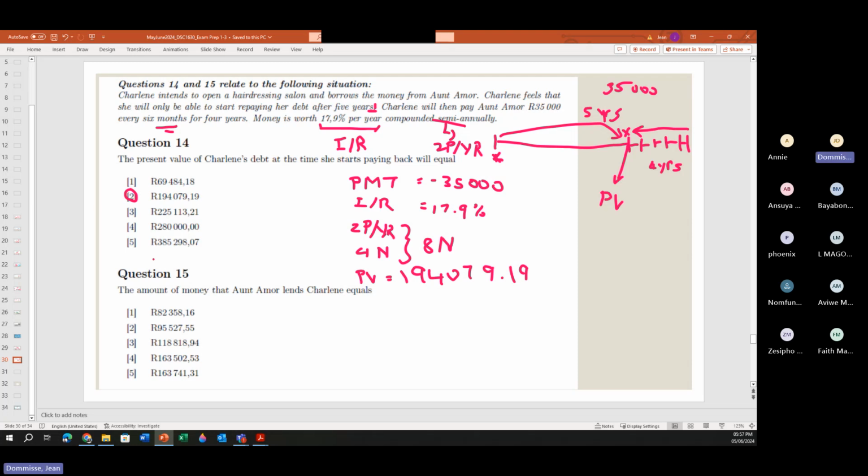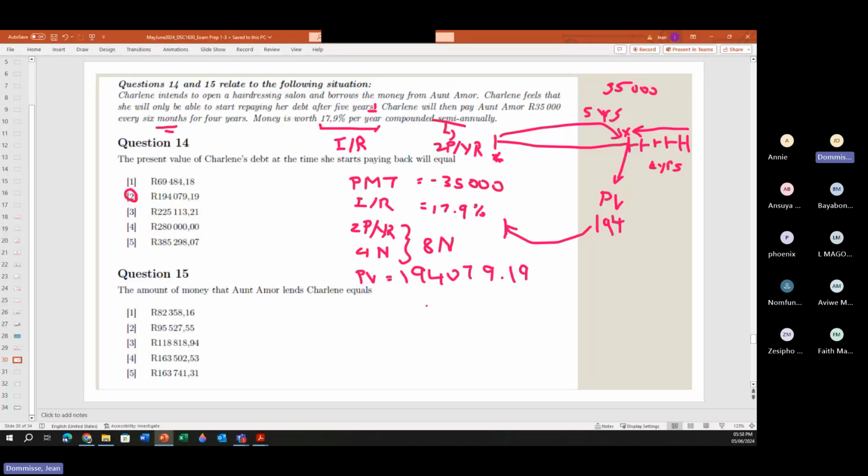So we've got now this value of 194, and I'm just going to write 194. We now need to work it back to what she is going to pay at the moment that she takes out the loan.